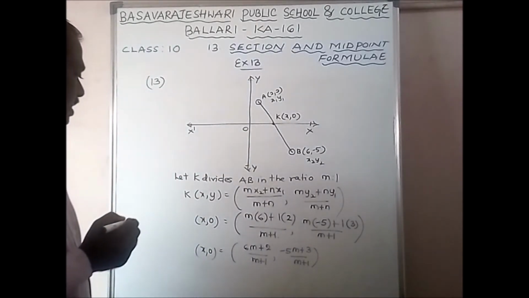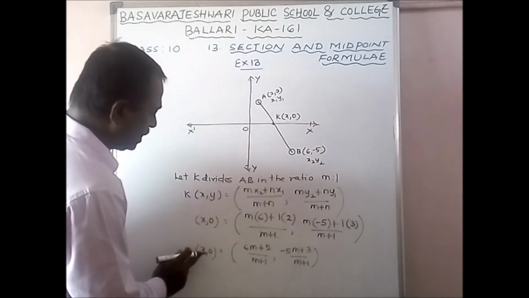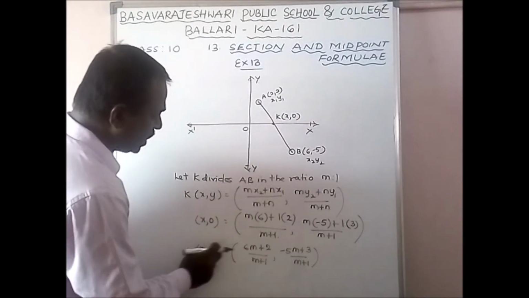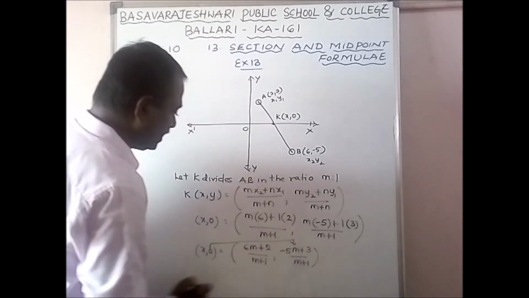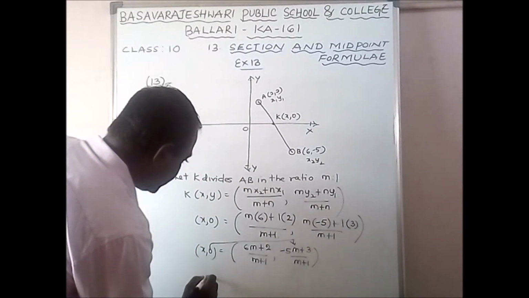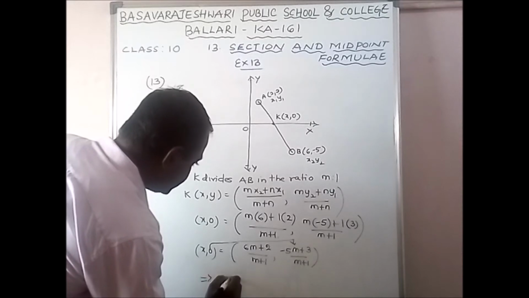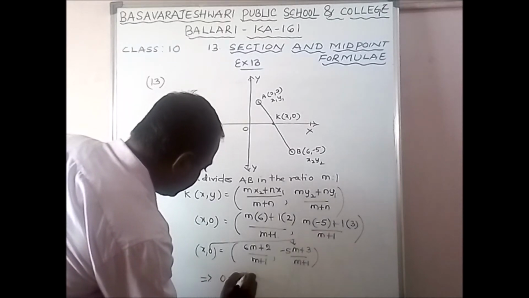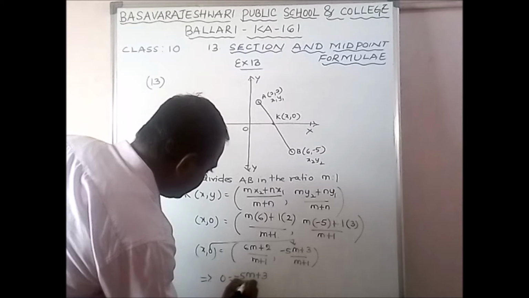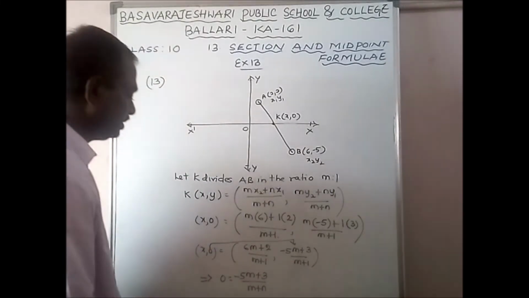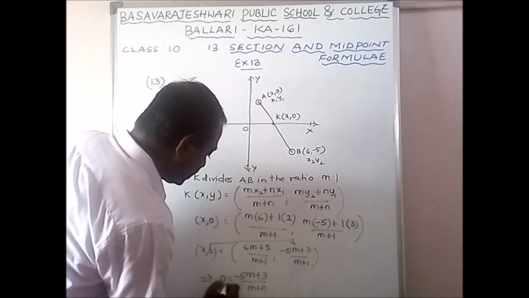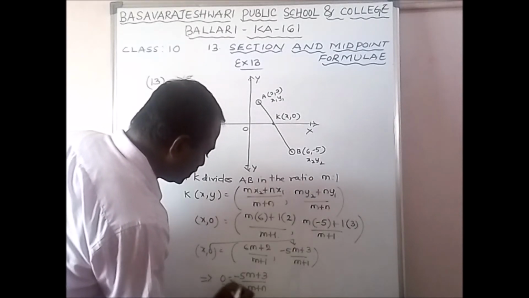Now we cannot equate the x coordinates because two unknowns are there. Therefore, we have to take the y coordinates. So this implies 0 is equal to (-5m plus 3) by (m plus 1). Correct? When you do cross multiplication, this value will be 0.